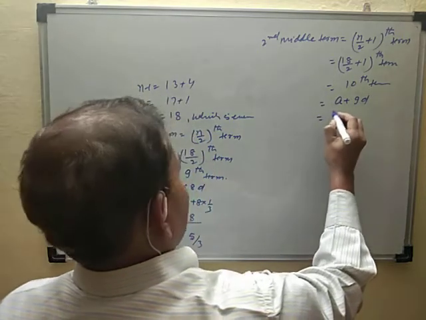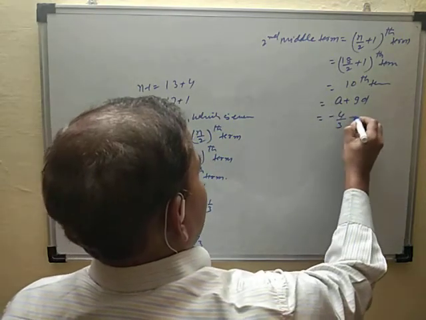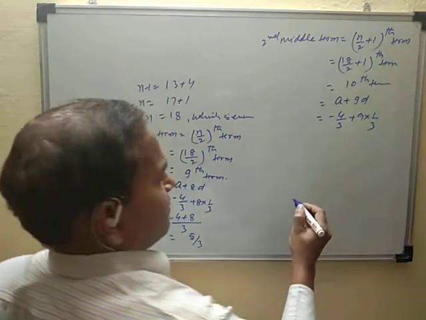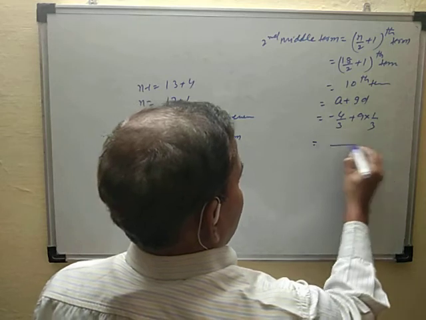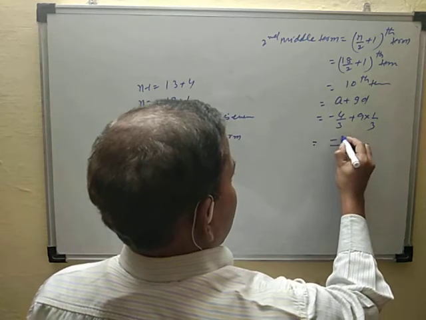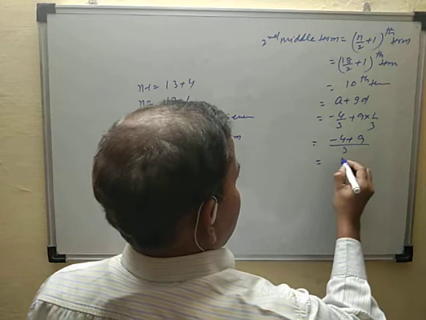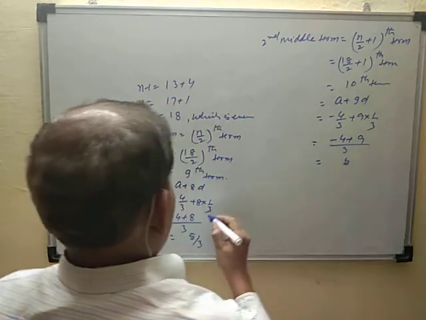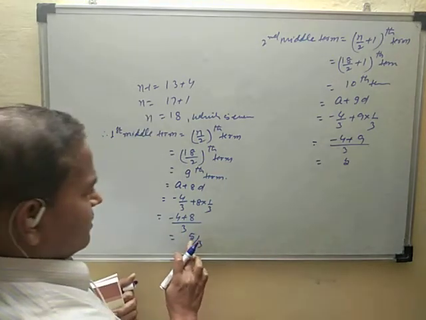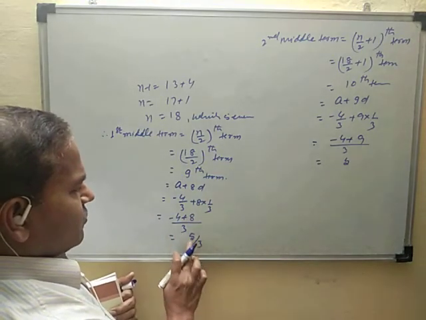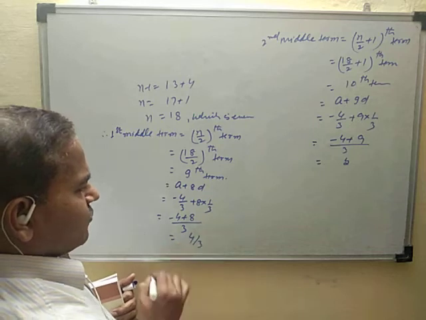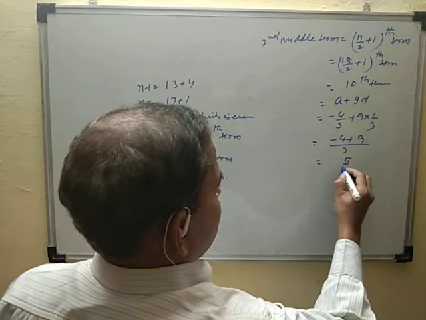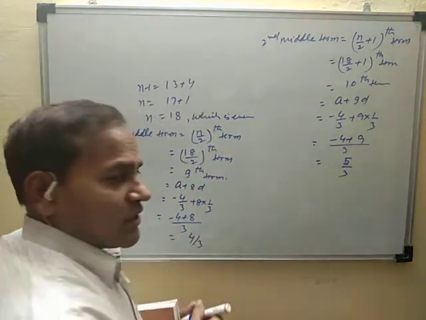What is A? A is equal to minus 4/3 plus 9, the value of D is 1/3. So what is the LCM? LCM is 3, then minus 4 plus 9, that is again 5/3. Here this is a mistake. The mistake is in 8 minus 4. 8 minus 4 is 4. So the first middle term is 4/3. Next is 5/3. This is the second middle term.